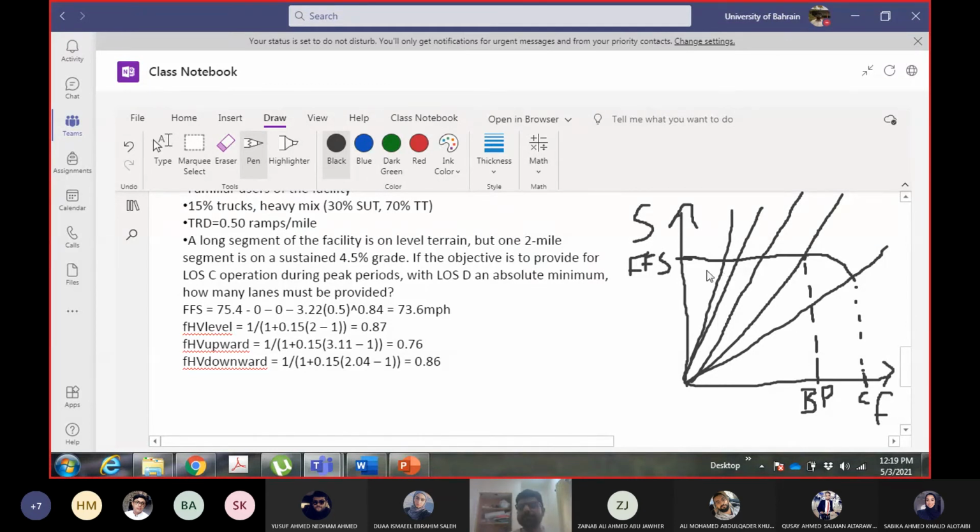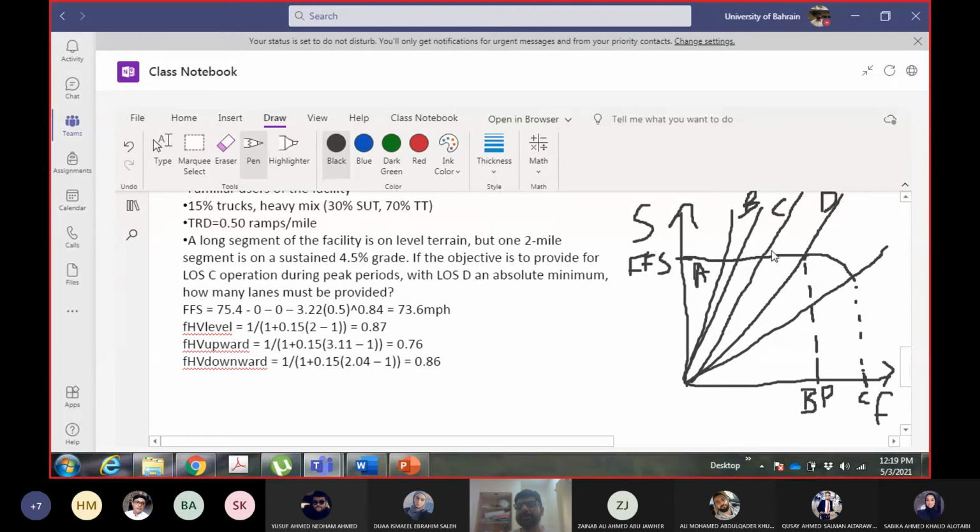For example, this line has a slope of inverse of 11. So 11 is the maximum density of level of service A. So this line belongs to level of service A. Similarly this one will be for B, this one is for C, and this one is for D.